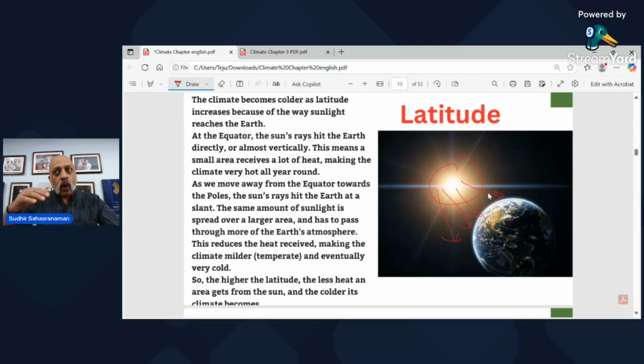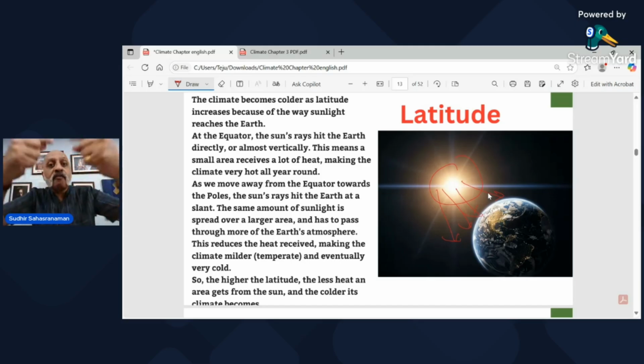But when it is 1 o'clock, 2 o'clock, 3 o'clock, 4 o'clock, the sun's rays are going to hit at an angle, so the heat won't be generated that much. Same way, the sun's rays hit the earth directly or almost vertically at the equator. This means a small area is receiving a lot of heat, the equator areas, right? So that's the reason the climate around the equator is extremely hot.